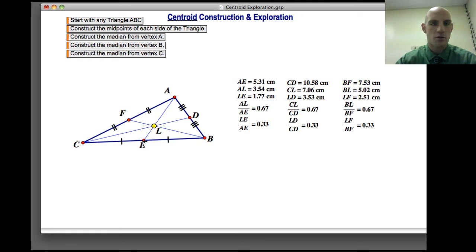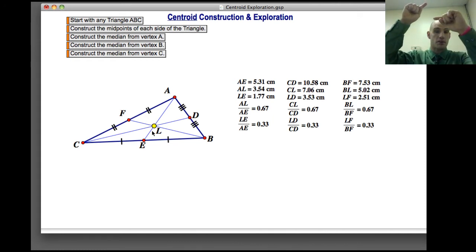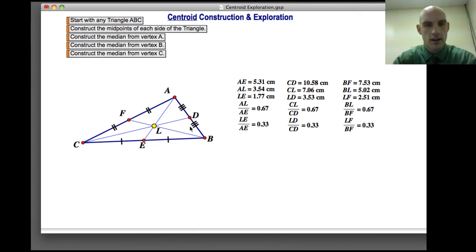I've got AE, which is the length of the whole median, and then I've got AL and LE. So basically the whole thing, the top part from the vertex, and the bottom part. And I did the same thing for CD: the whole thing, then CL, then LD. Then I've got BF, the whole thing, BL, and LF.